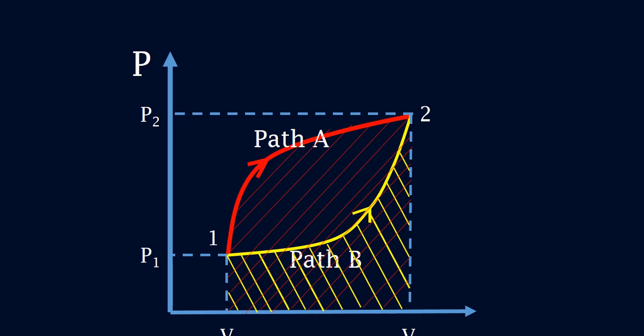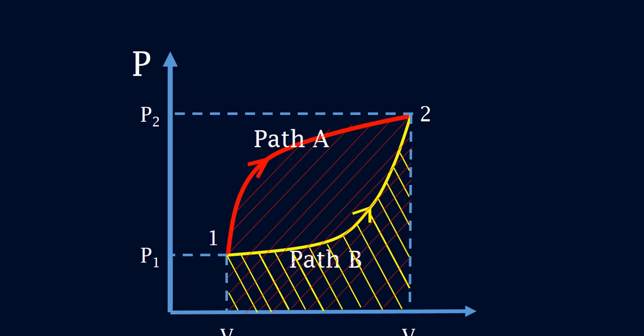However, irrespective of the chosen path, the alteration in internal energy remains constant. Although the quantity of heat added and the work accomplished may fluctuate based on the chosen path, the disparity between the heat and work, delta Q minus delta W, remains constant. This is known as path independence.